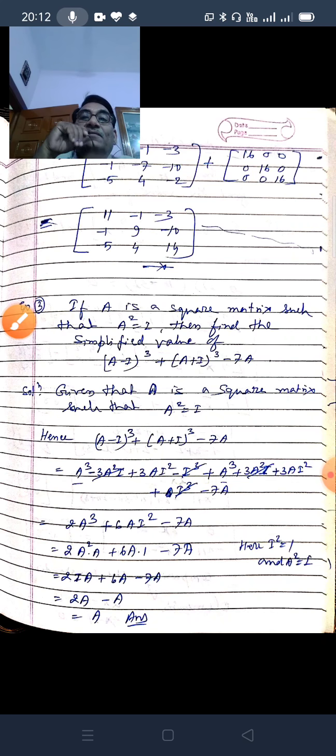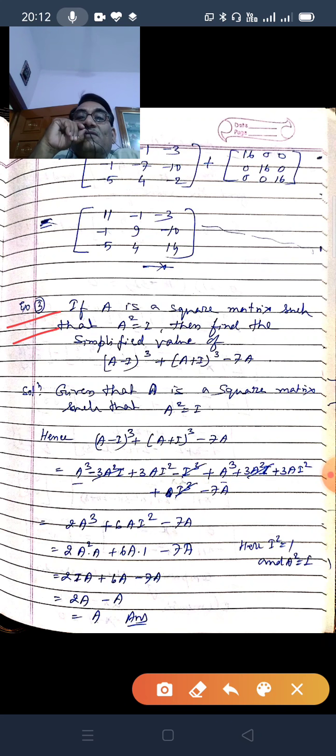Question number third. Now, student, you see here one property is given. If A is a square matrix such that A square is equivalent to I, then find the simplified value of A minus I whole cube plus A plus I whole cube minus 7A.